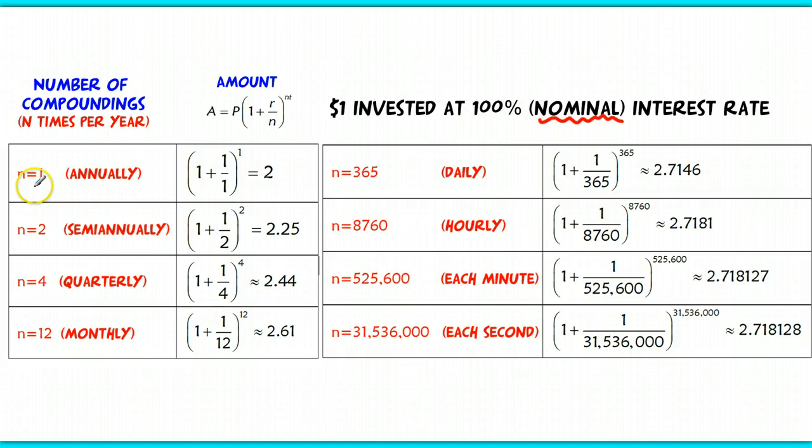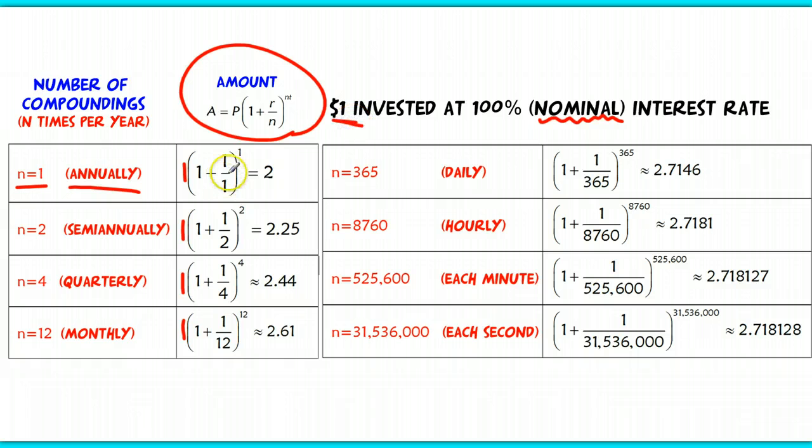So you do see here that if we compound this one time, so just annually here, and we use our formula that we were talking about earlier, where we take our principal amount. Now each one of these should have $1 in front, but I didn't bother to put that in, because I think you get the point that you're investing $1. That's why I specifically chose $1. But if you were going to use your rate, remember your rate, 100%, written as a decimal, ends up being 1.